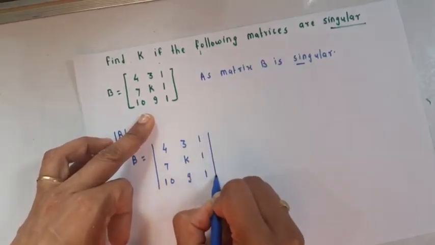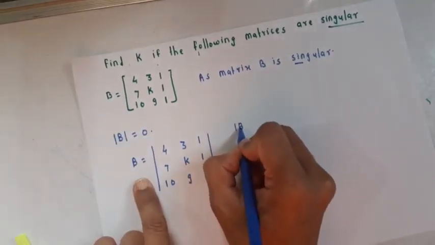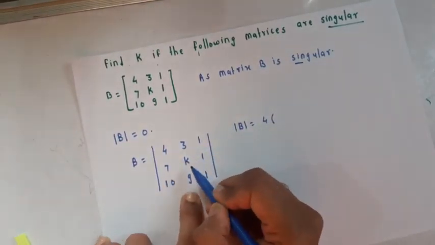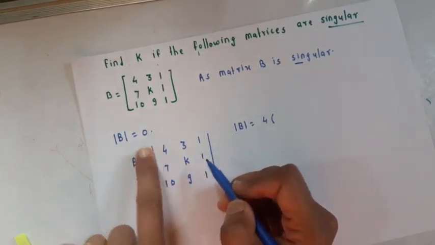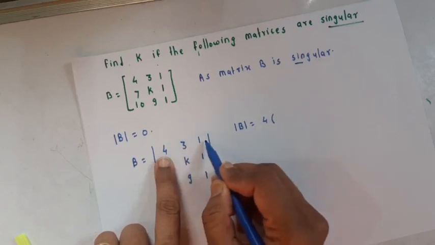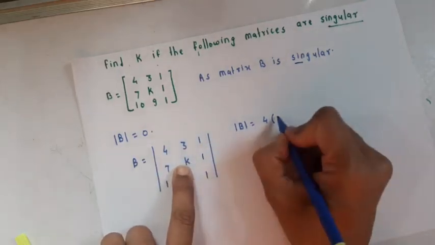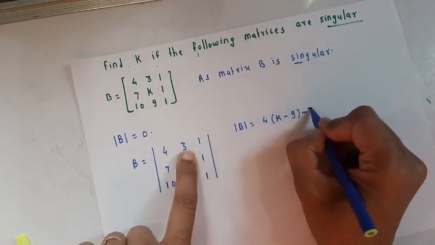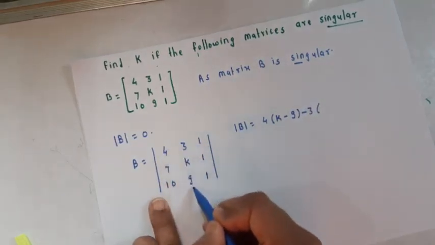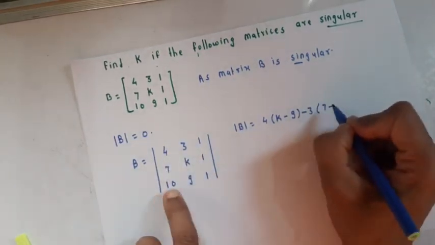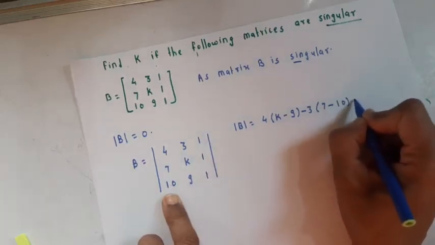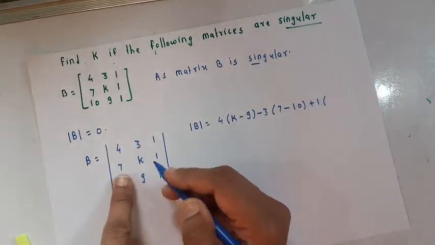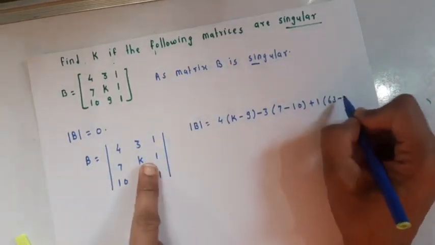So determinant value of B equal to 4 into, eliminate this row and this column, K into 1 is K, minus 9 into 1 is 9, minus 3 into, eliminate this row and this column, 7 into 1 is 7, minus 10 into 1 is 10, plus 1 into 7 K minus 10 K, 63 minus 10K.